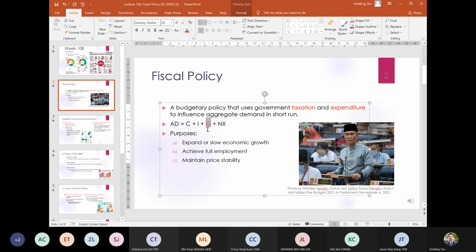Because when the government has more projects, there are more job opportunities for households, and also for private firms to get involved in the government projects. So when G increases, this also increases I and C. When these three components increase, this will increase the AD.